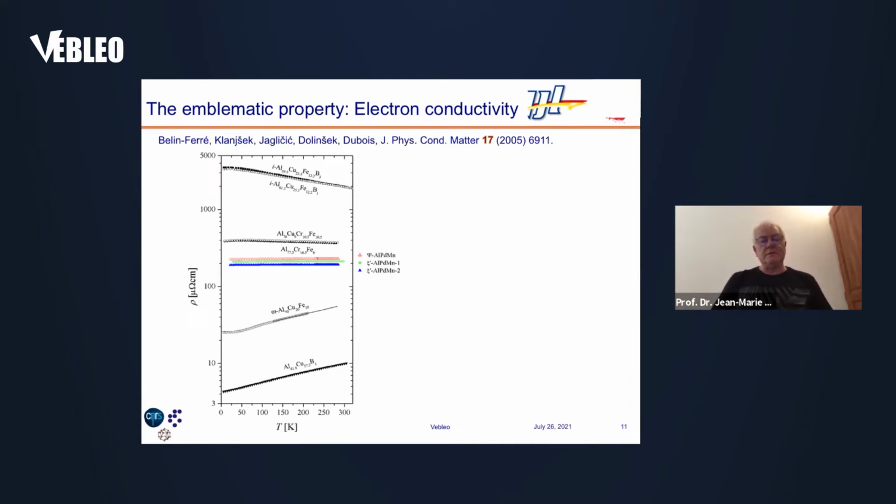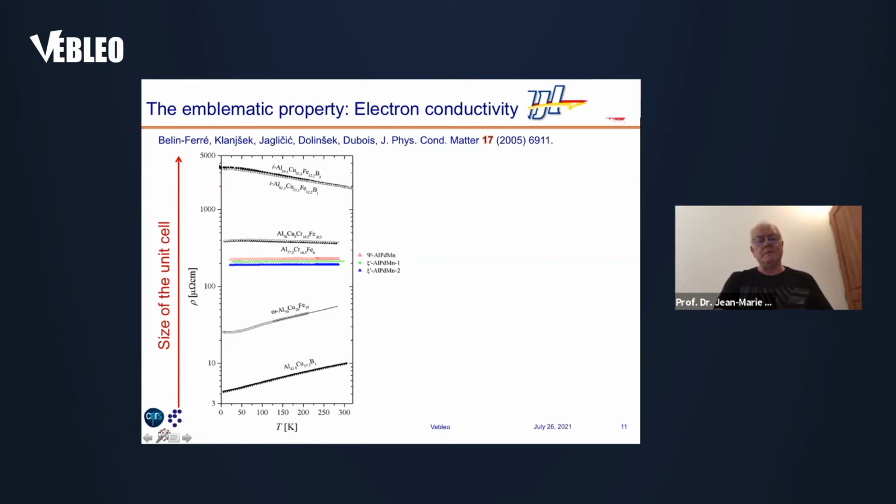Now, if I measure a property, for instance, electrical resistivity in these compounds of the aluminum copper system, I see here a simple beta phase, which is CsCl type, two atoms per unit cell, which is characteristically a metal. The resistivity at low temperature is small, and it increases with increasing temperature. And if I increase the complexity of the unit cell, I see that the resistivity behavior reverts to that similar to a doped semiconductor.